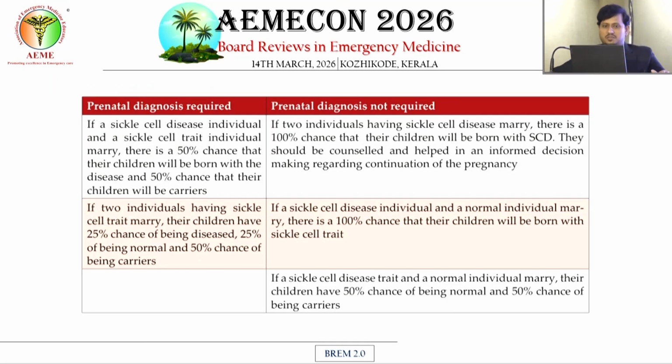Whenever people want to conceive, whether prenatal diagnosis is required or not is very important, and this is taken from the national guidelines. Prenatal diagnosis is required where a sickle cell disease individual and a sickle cell trait individual are getting married. As we know, sickle cell disease is autosomal recessive.